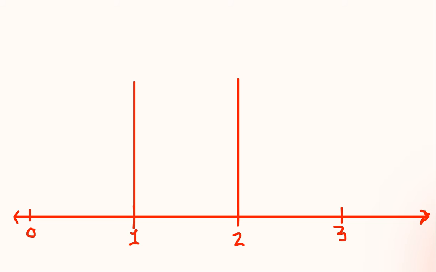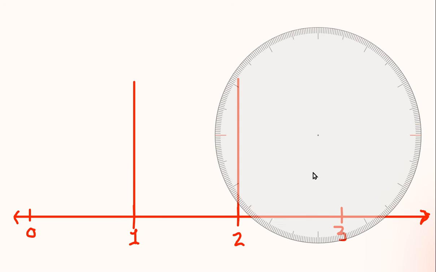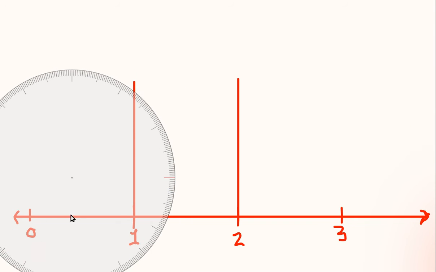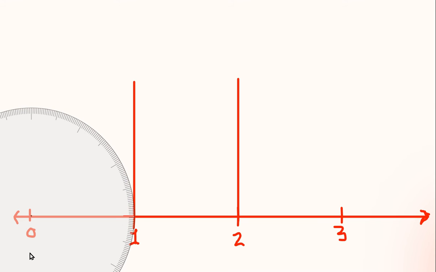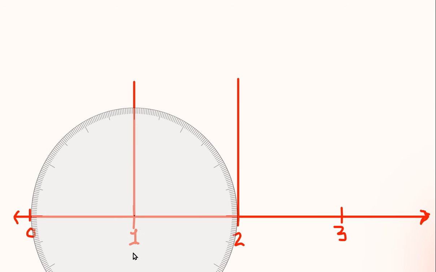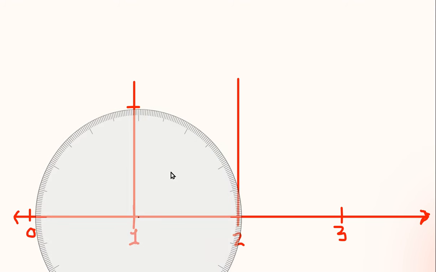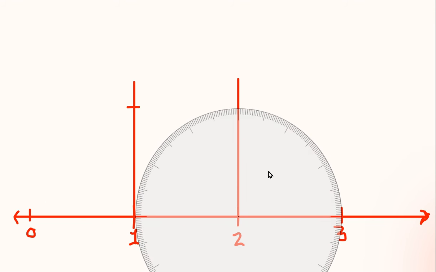Then take your compass once again, without changing the radius, keep the center at point 1 and mark the radius so that we can get a perfect parallel line.